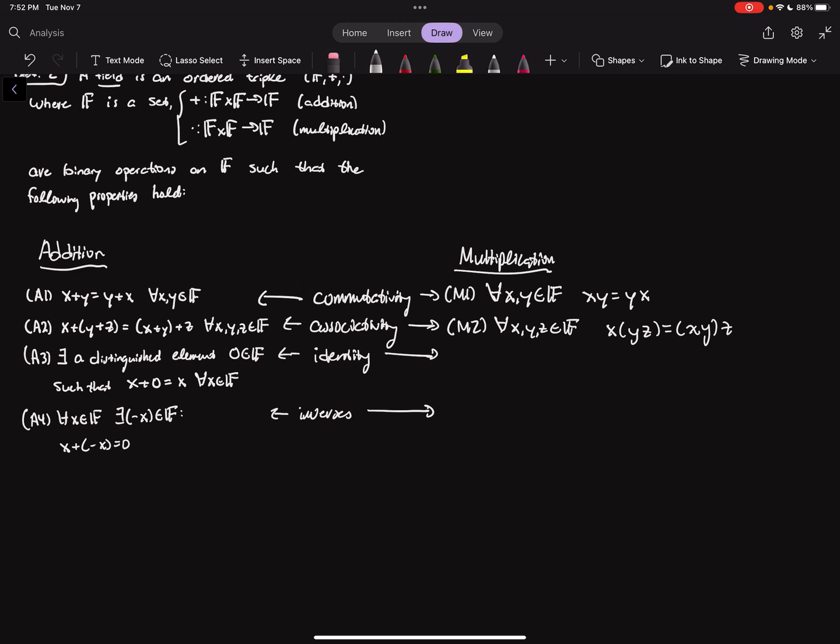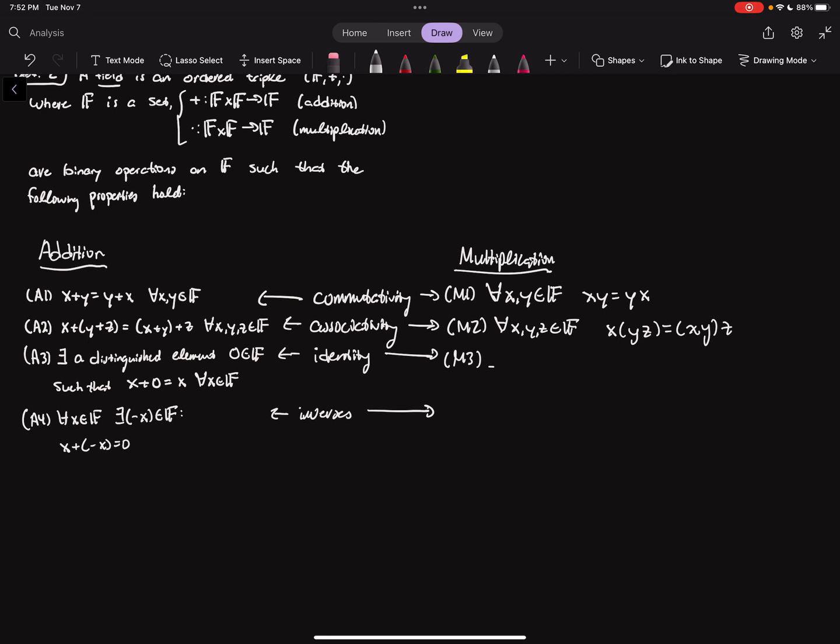Okay, but if we denote the additive identity as 0, and we think of the rational numbers as our exemplar field, what do you think we're going to denote our multiplicative identity as? Yeah, it's going to be 1.